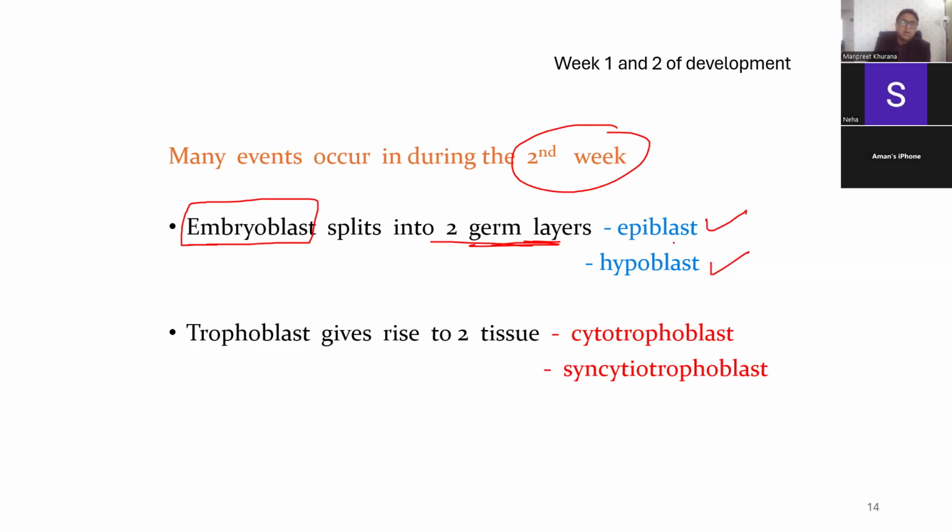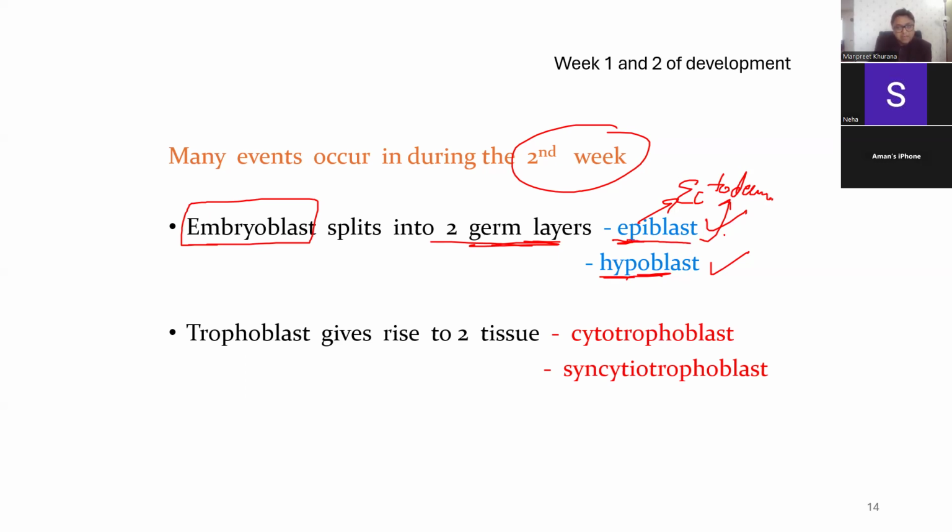Any idea about epiblast? Epi means it is giving rise to ectoderm. Hypo means lower. But there is a very interesting concept: everybody thinks that epiblast gives rise to ectoderm, hypoblast should give rise to endoderm, and mesoderm is formed in between. But actually it doesn't happen like that.